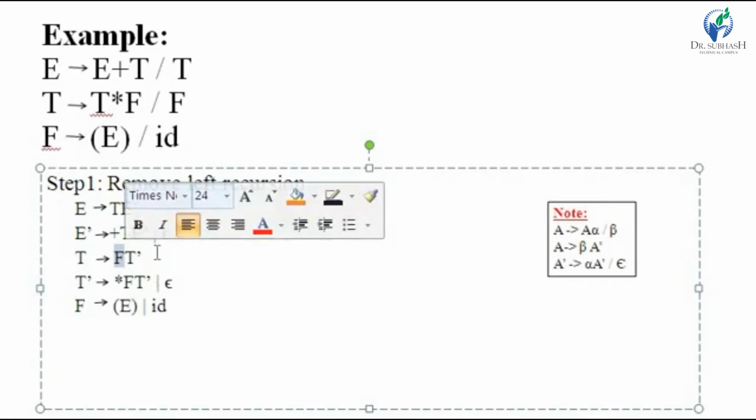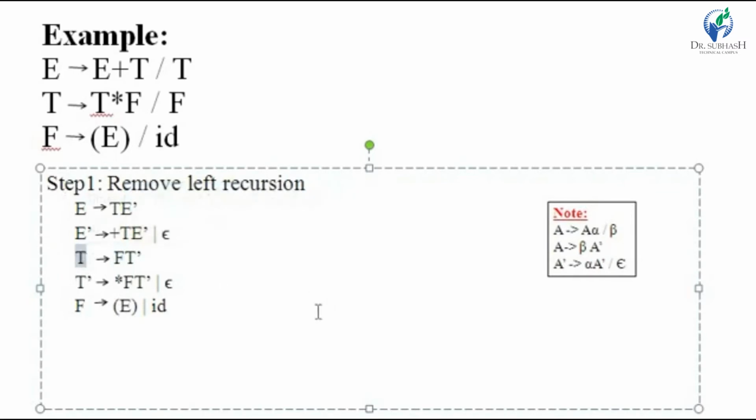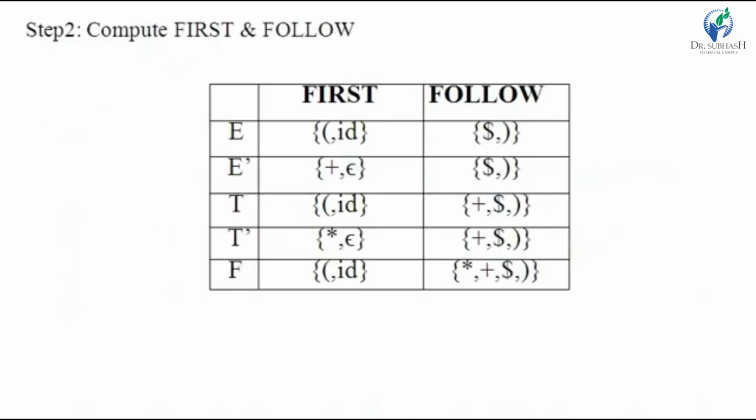So star, then after minus epsilon, then union follow of T. So star and follow of T. So follow of T is plus dollar and closing bracket. So follow of F is equal to star plus dollar and closing bracket.